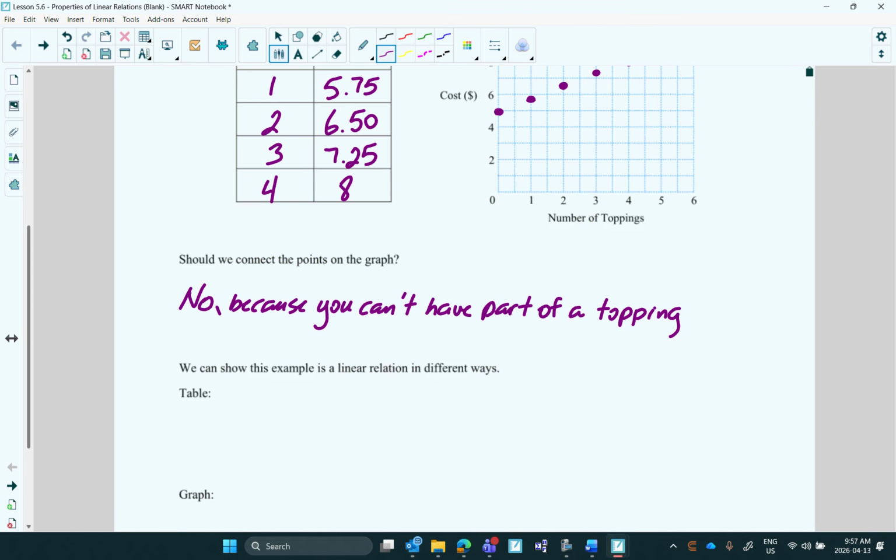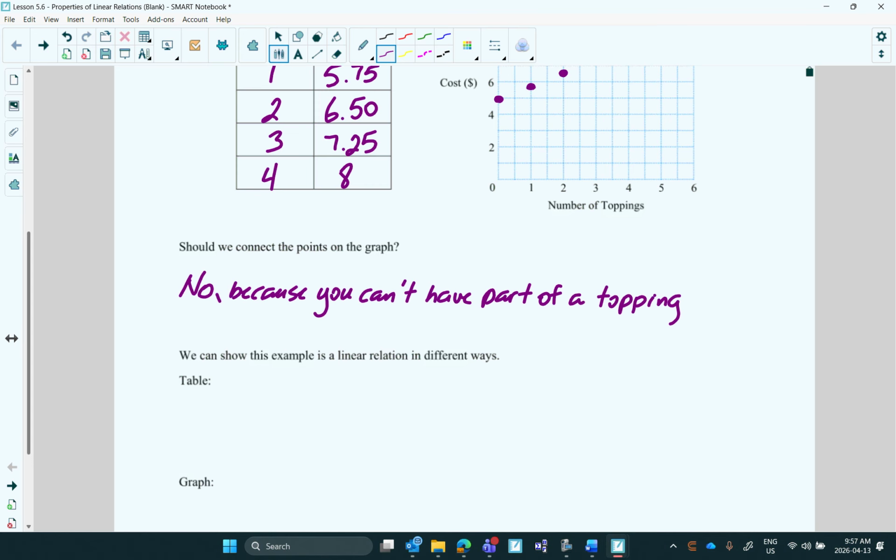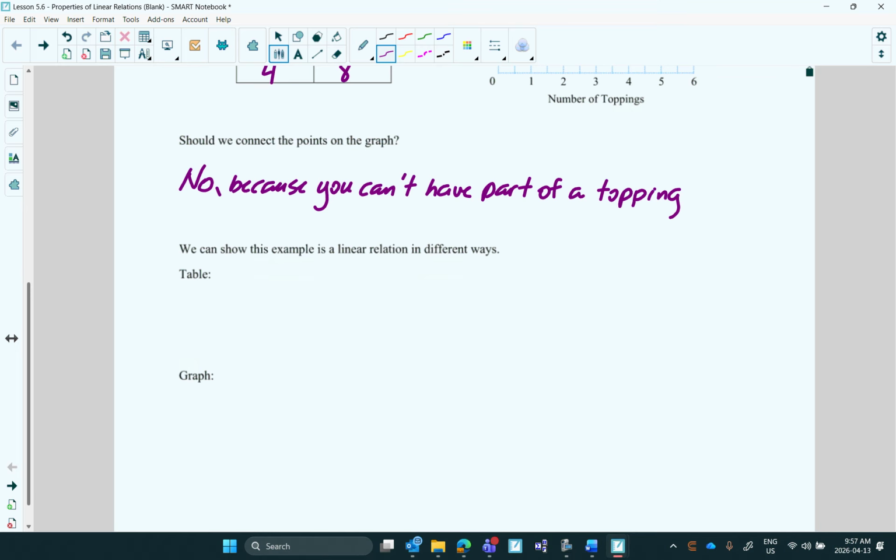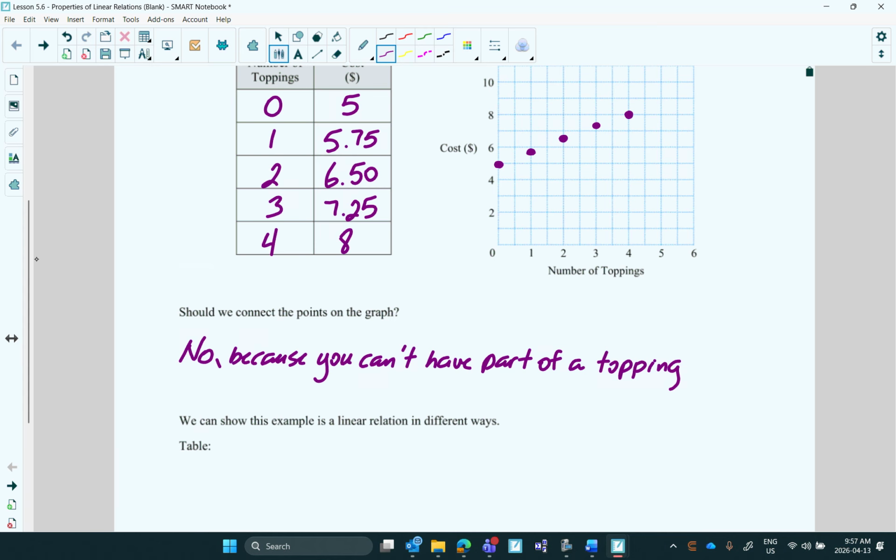Well, if you look at the graph and the definition we gave above, these points would form a line, wouldn't they? Okay? So it's linear. They don't have to be connected to form a line. We don't actually form the line, but we could if we wanted to.